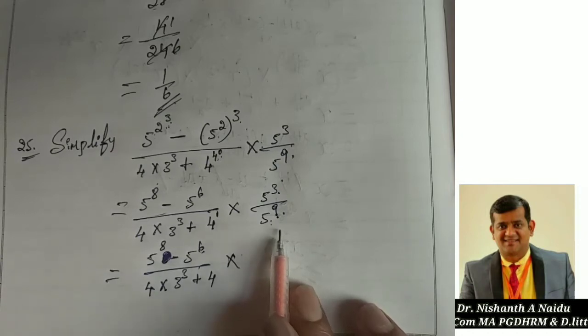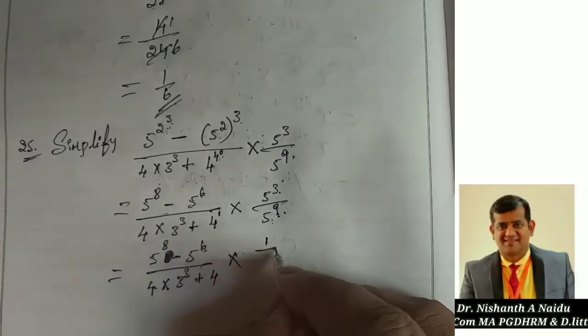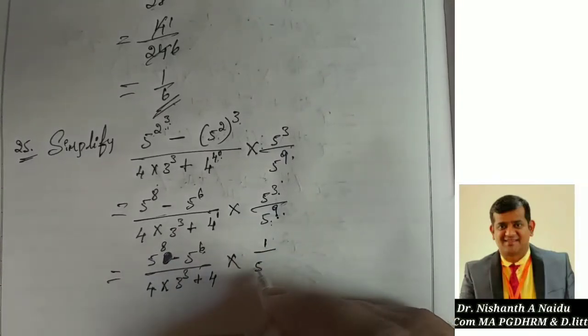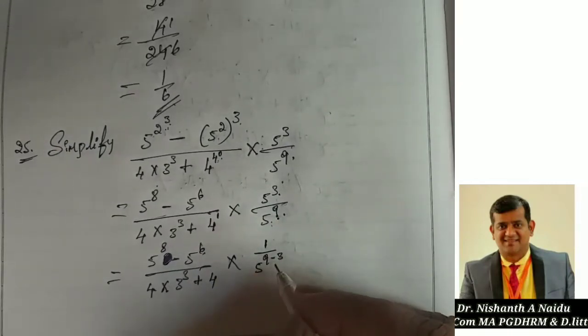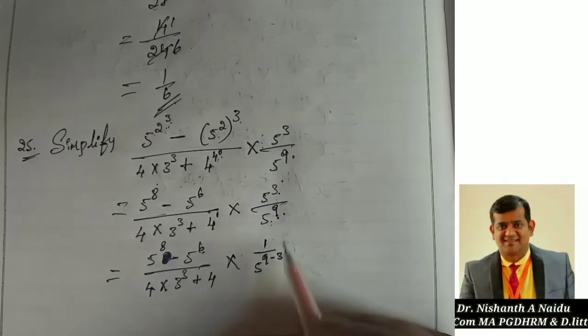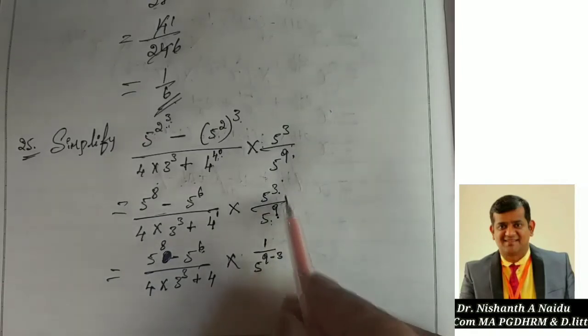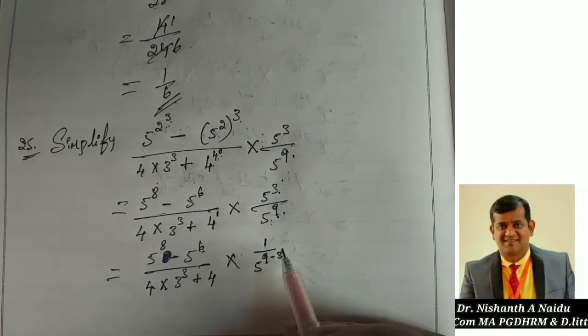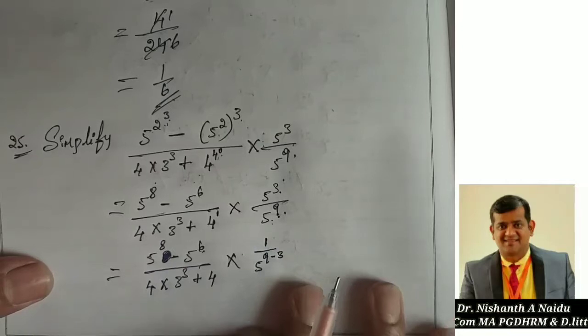So now by applying that law, I am doing 1 divided by 5 to the power 9 minus 3, because here the denominator's power is greater than the numerator's power.